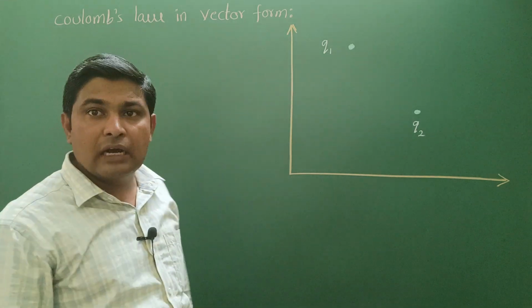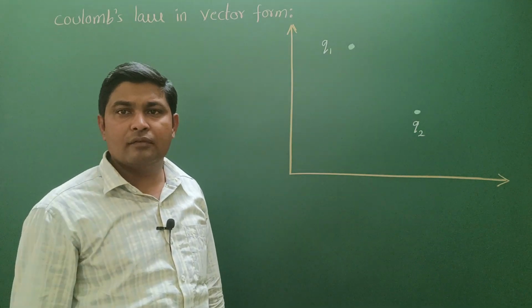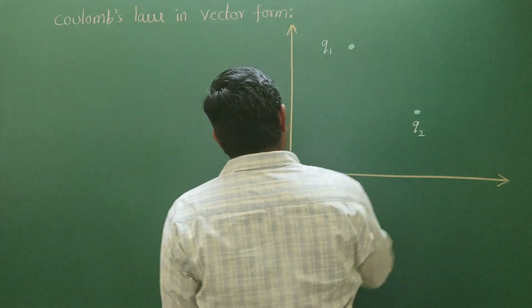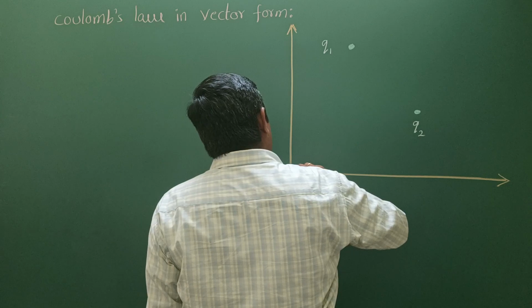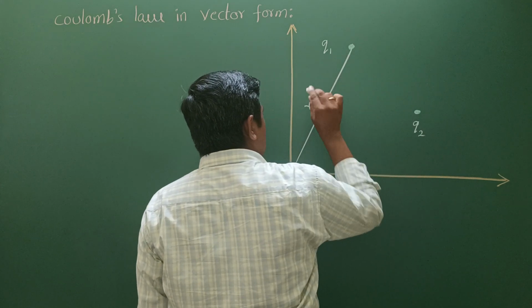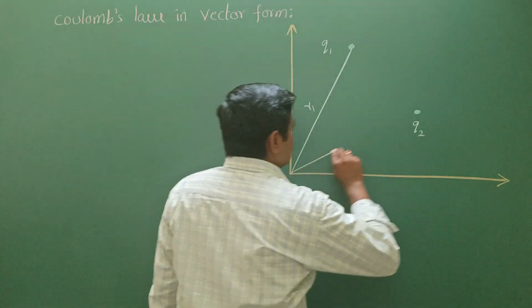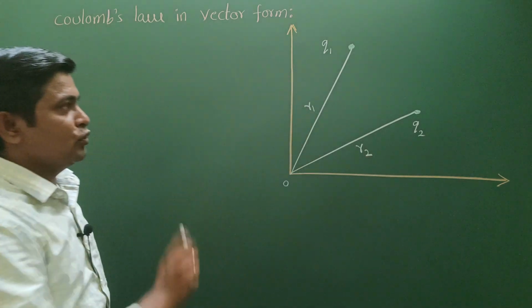If you write it in vector form, because position, the displacement, you can write in vector form, from the origin q1 is placed at r1 and q2 is placed at r2. So this is the position.